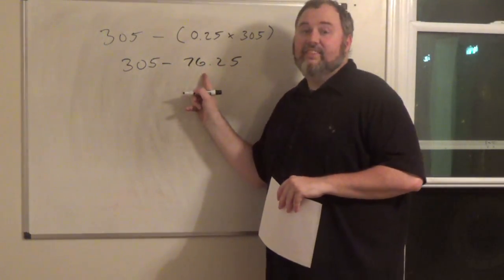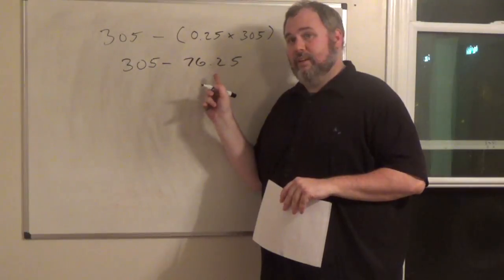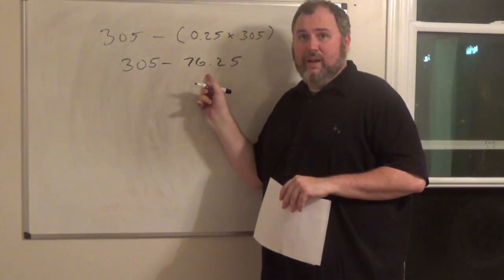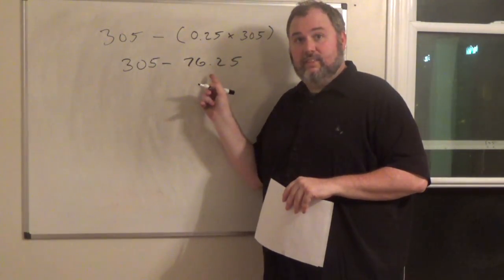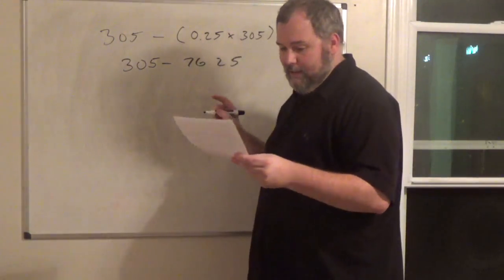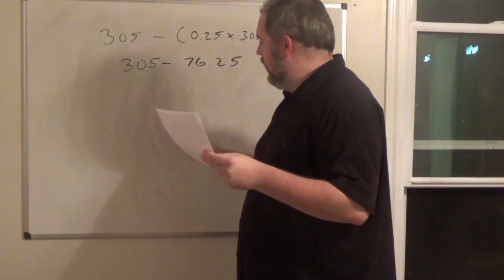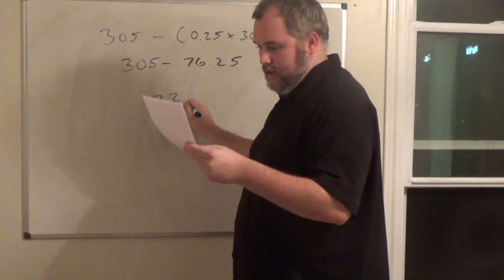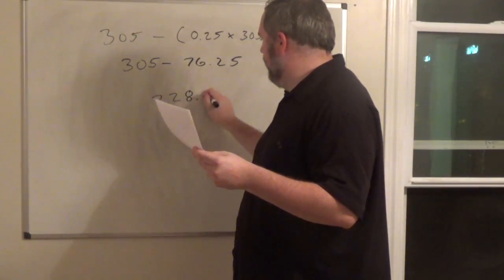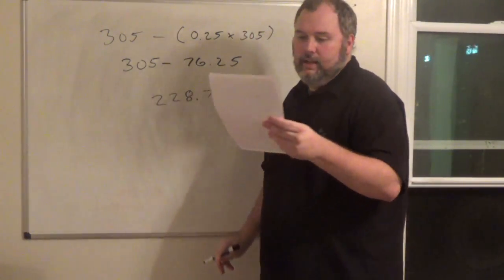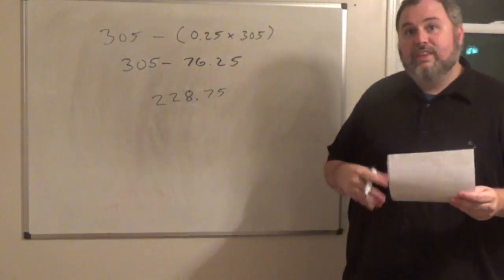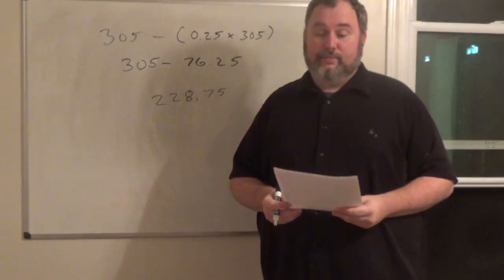All right, so this is how much the doctor actually wants me to lose. This is 25% of my weight. He wants me to lose 76.25 pounds. So when I subtract this all the way out, I get 228.75.